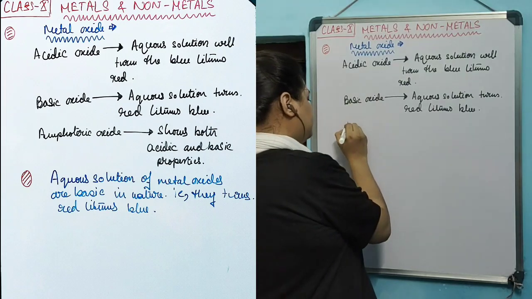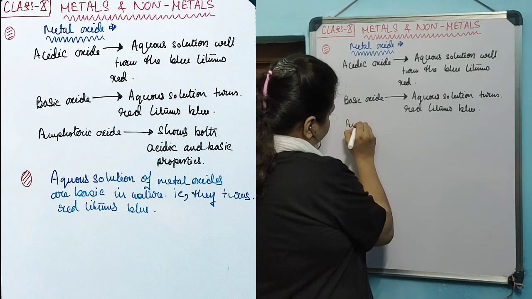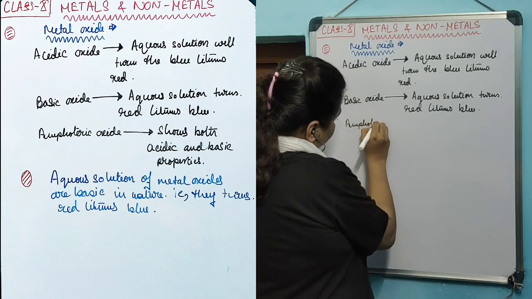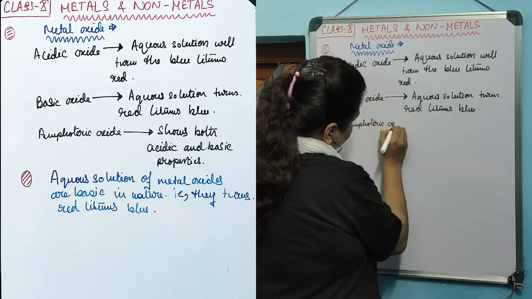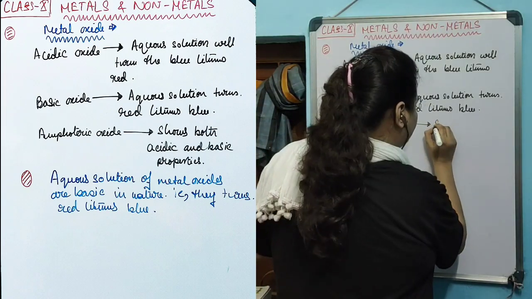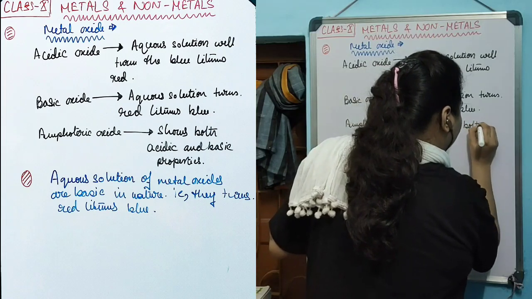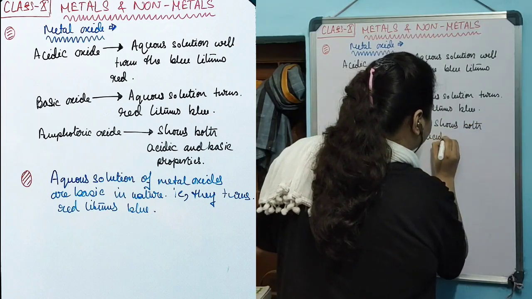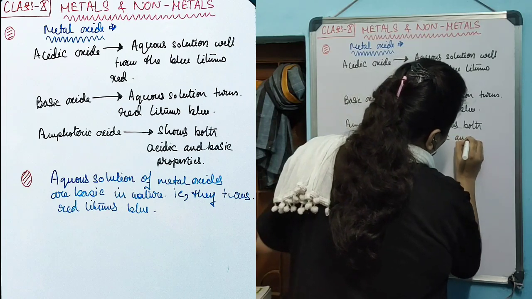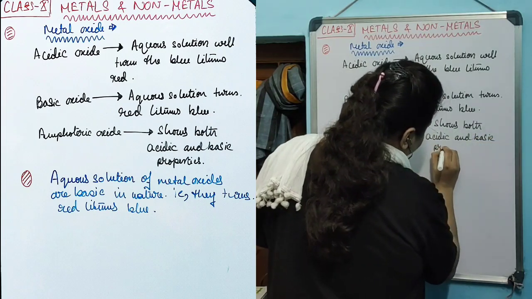There is another type of oxide known as amphoteric oxide, which shows both acidic and basic properties.